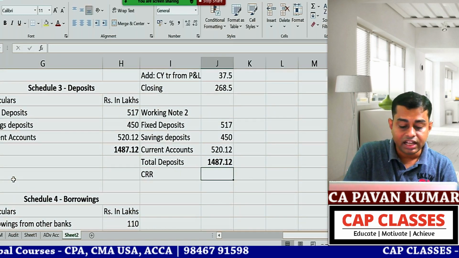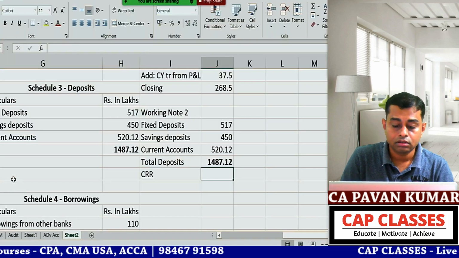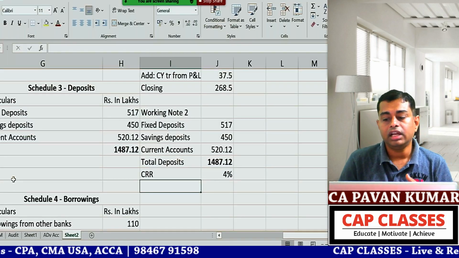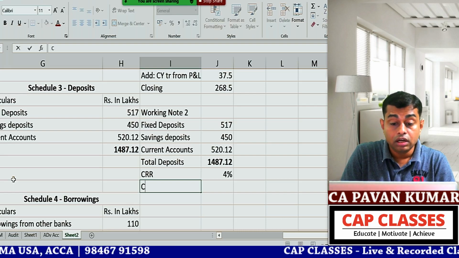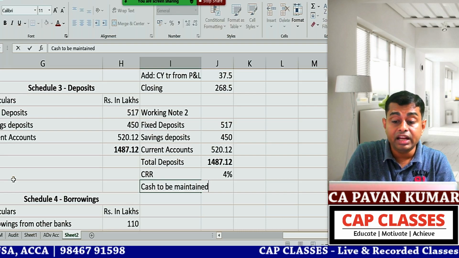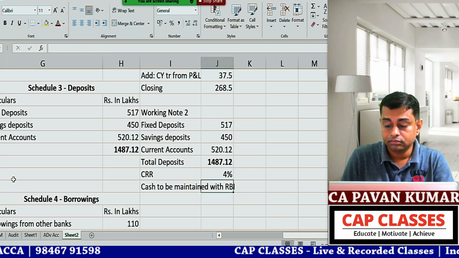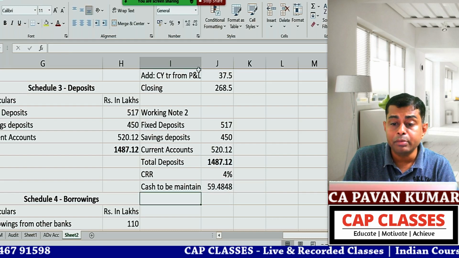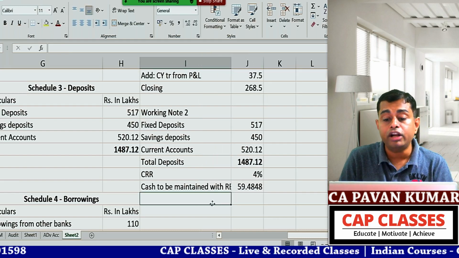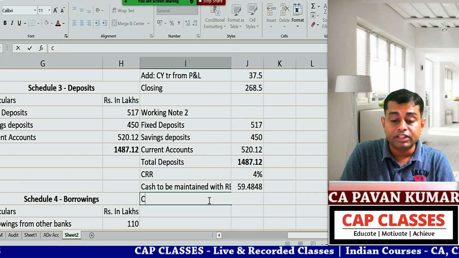CRR, what is the rate given? 4%. Even if they have not given, it is same, 4% only. So cash to be maintained with RBI, this into this. Cash to be maintained with RBI 59.48. Cash balance with RBI.